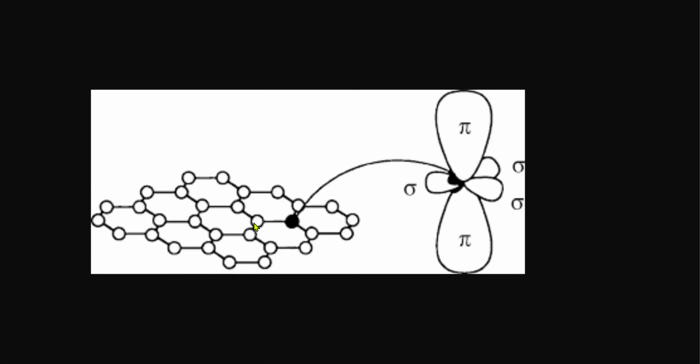So that is why graphite conducts electricity, because each carbon atom has a p orbital. There's going to be a p orbital over here, and with this carbon atom, and they would all start overlapping, and they would form a delocalized electron cloud, which is why it conducts electricity.